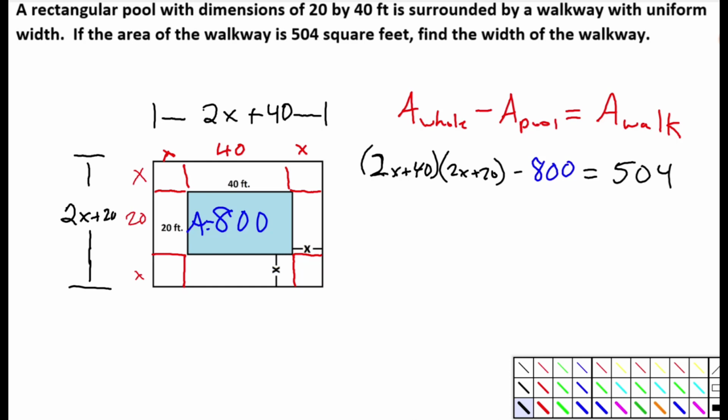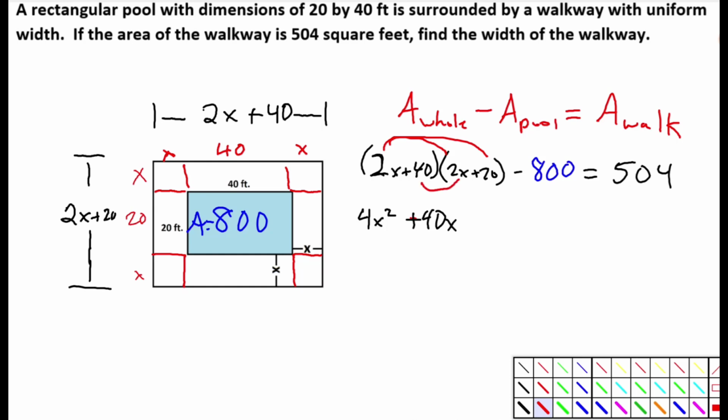So let's do a little calculations. This is multiplying from a couple chapters ago. So let's multiply this out. 2x times 2x is 4x squared. And then 2x times 20 is going to be 40x.